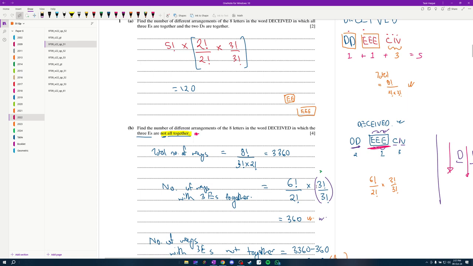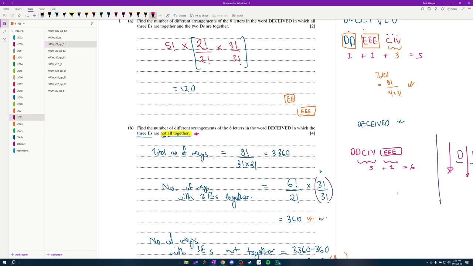Okay, so how to do that? Check this. You have D, D, C, I, V, and then you have 3 E's as 1 unit. So how many units do we have? 1, 2, 3, 4, 5, and then 1 unit over here. That's 6 units, so 6 factorial for that.